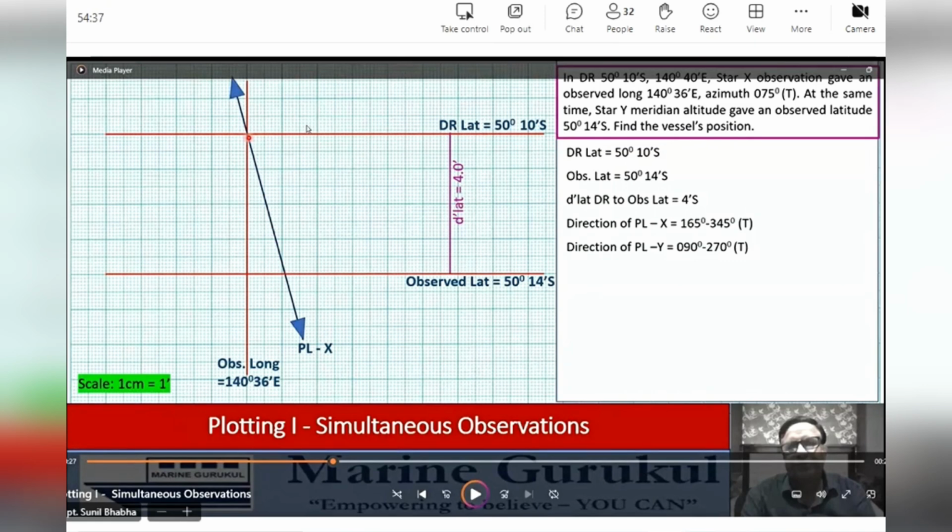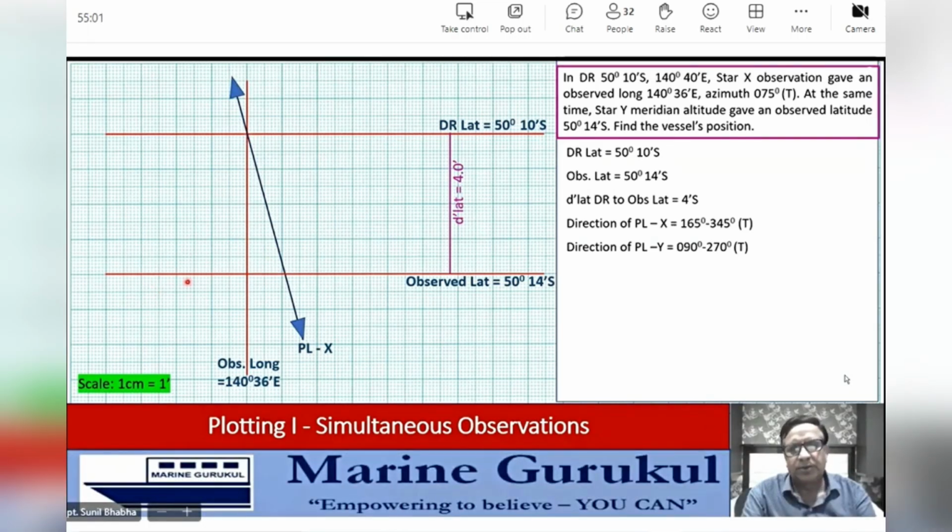Great. So first PL is plotted. Now let us plot the second PL. Second PL is simple. It is latitude by meridian altitude. So let's plot. PL for star Y is going to coincide with the observed parallel of latitude.